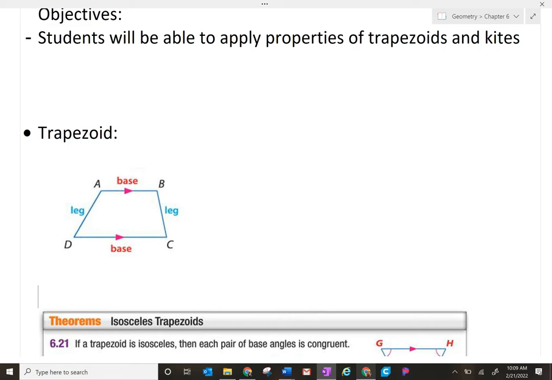It does not really matter what those angles are for a regular trapezoid. In a regular trapezoid, all these angles can be different. It's just that I have two parallel sides and then two other legs.